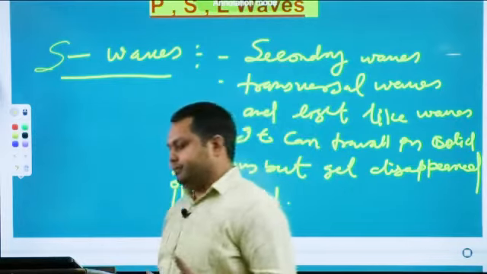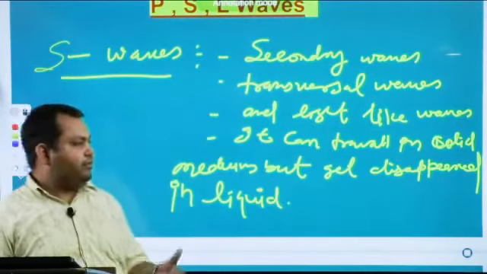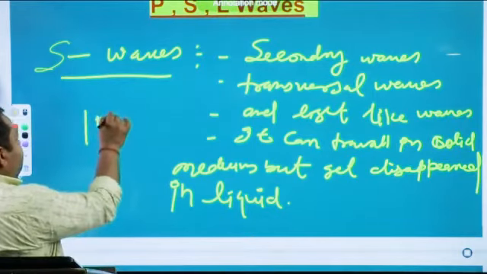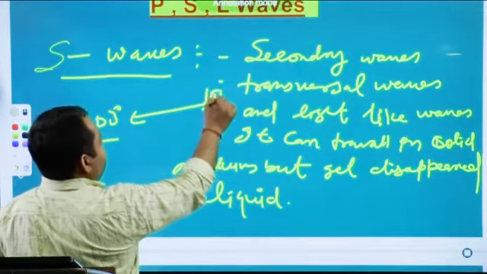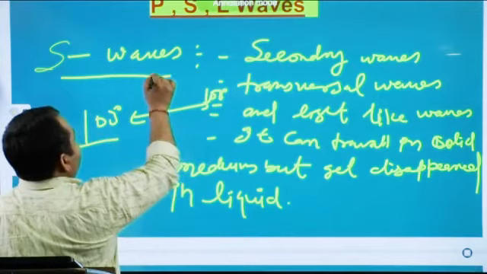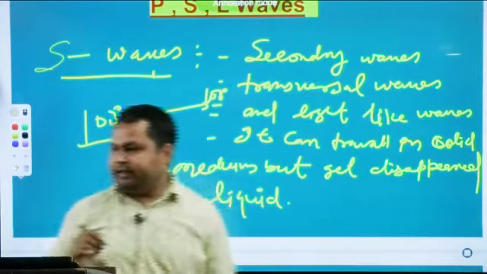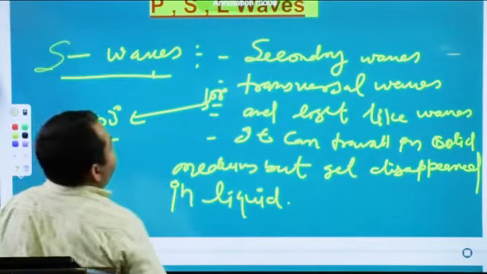We find the shadow zone of S waves between 103 degrees on the left and 103 degrees on the right from the focus of earthquake, right. So, it is about the S waves. It is also called light like waves.